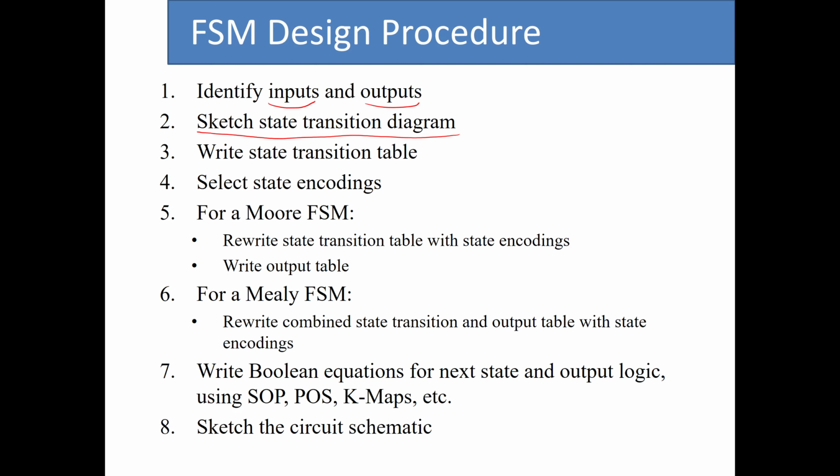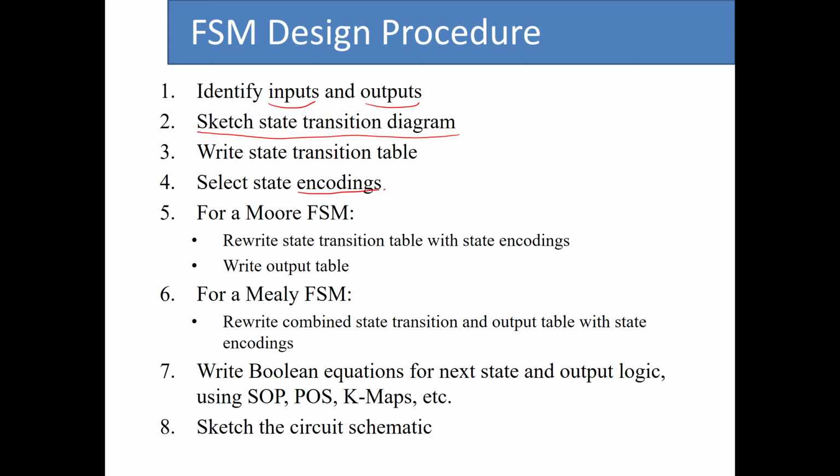Based on the state transition diagram, we then write the state transition table. So that is the initial step for the state transition table. We use the names that we gave the states. Then, since those names are abstract, we need to come up with an encoding.